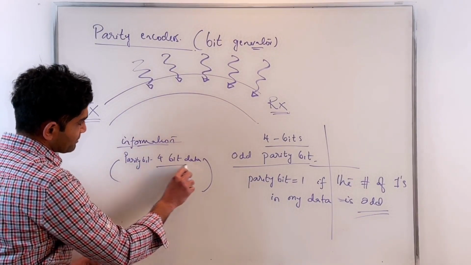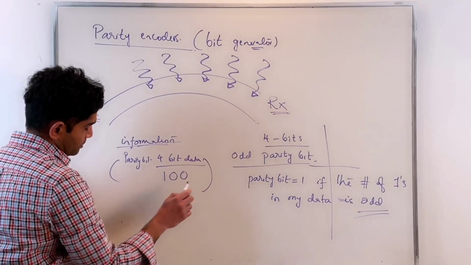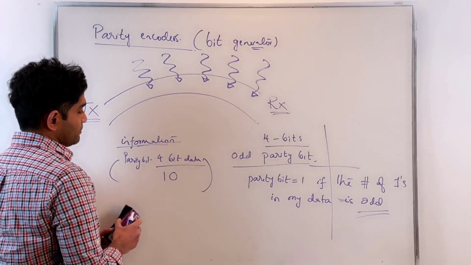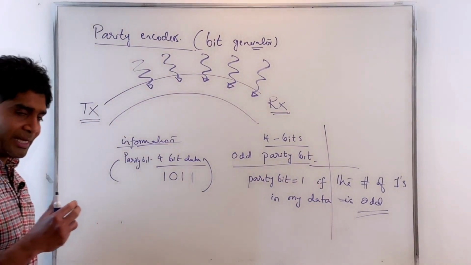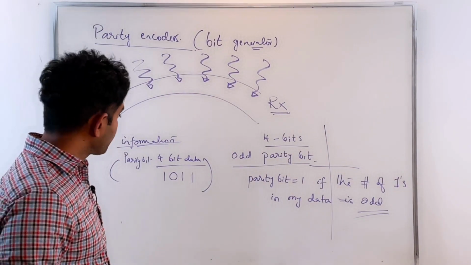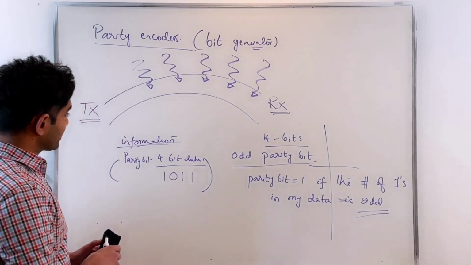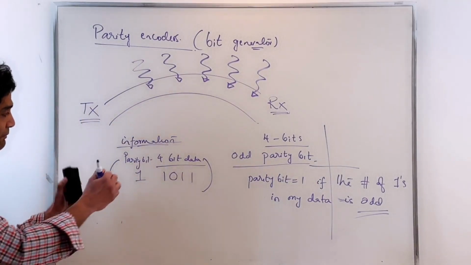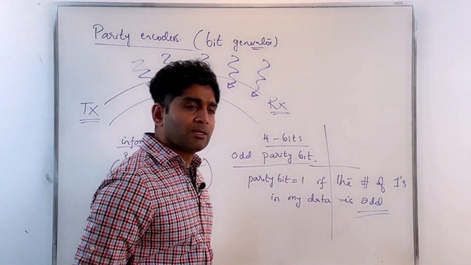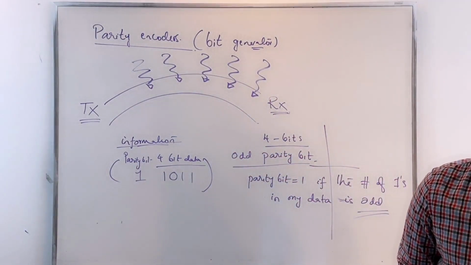So in this case, let's say a particular input data that I want to transmit is 1 0 1 1. The number of ones in this case is odd, so I would generate a parity bit of 1, and then I would transmit the entire thing over the communication channel.